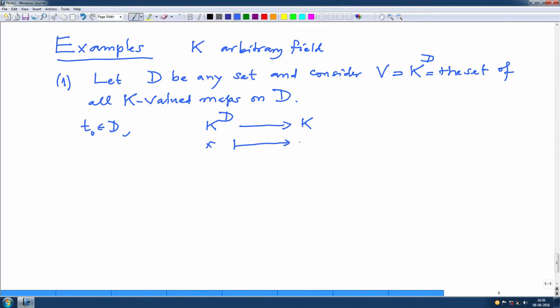So this goes to x of t naught. x of t naught is an element in K because x is K valued. So this is an evaluation map at t naught. That is the reason I denote it by epsilon suffix t naught.